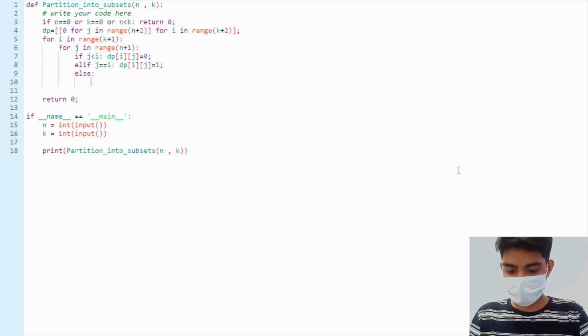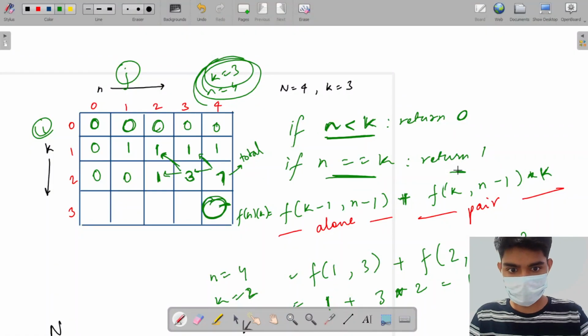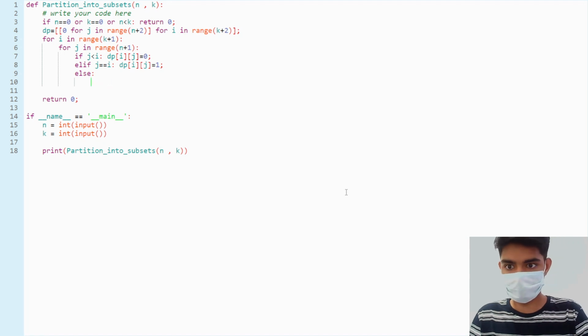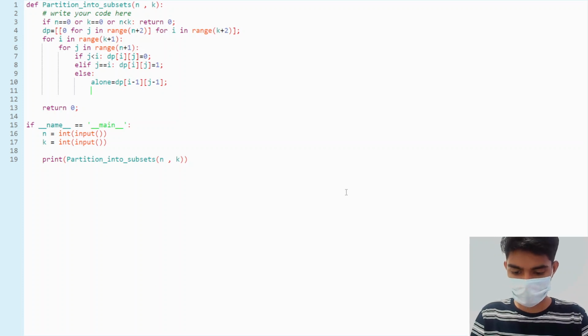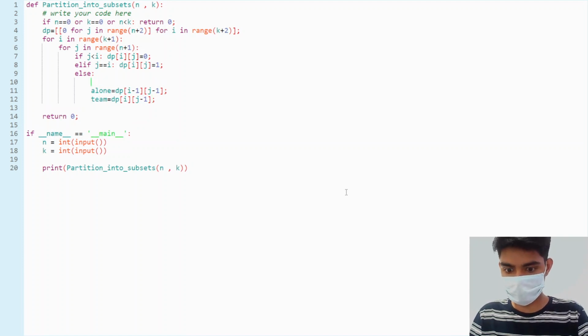if this is all done, then we'll take two answers. Let's say this is alone. If it is going alone, then alone is DP of i minus 1 comma j minus 1. And if it is in a pair or in a team, then my answer would be DP of i and j minus 1. My i is representing k and j is representing n.